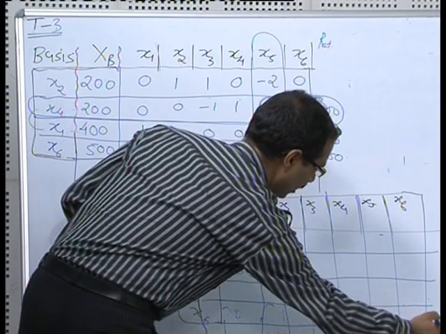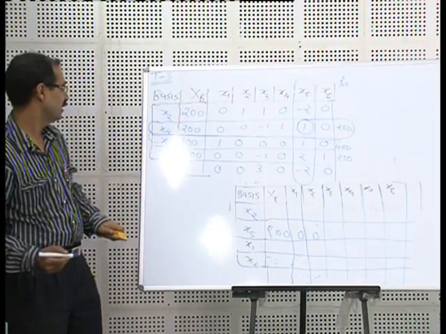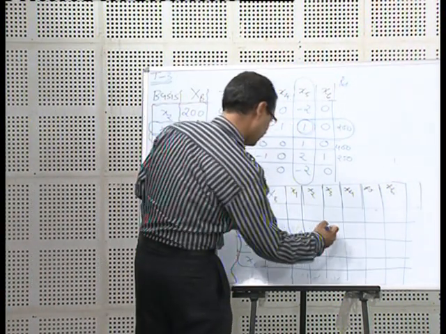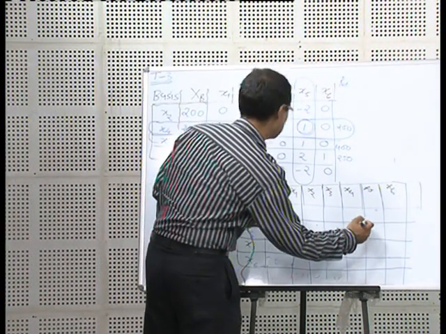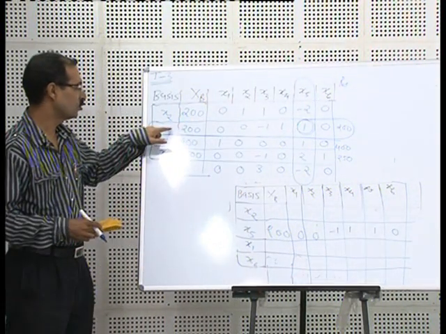I never had a very good drawing in my life. Anyway, this row is 200, 0, 0, -1, 1, 1 and 0.